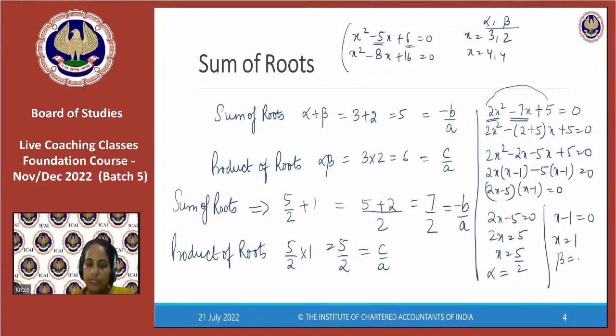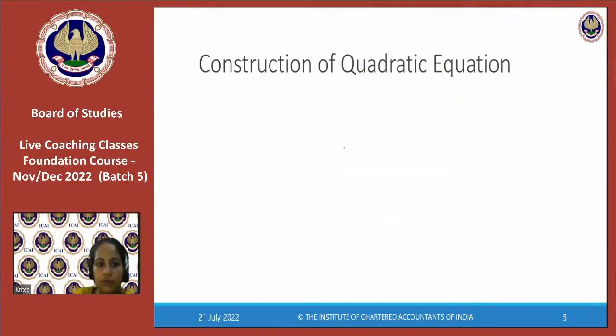Now try to understand. I'll again take you back to the same first question. x square minus 5x plus 6 equals 0. You found the roots alpha as 3 and beta as 2. We did the sum of the roots, 3 plus 2 equals 5.